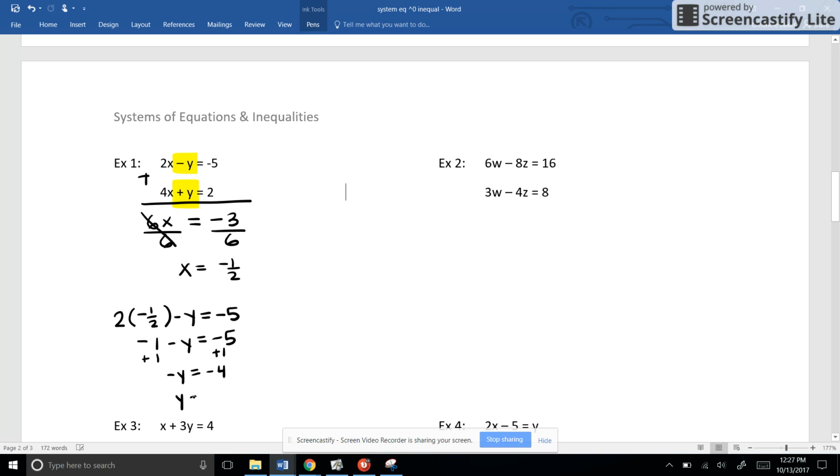And I'm going to divide everything by negative 1. I'm going to do the same thing with the bottom equation. Four times negative half is negative 2. I'm going to add 2 to both sides. I get the same answer.